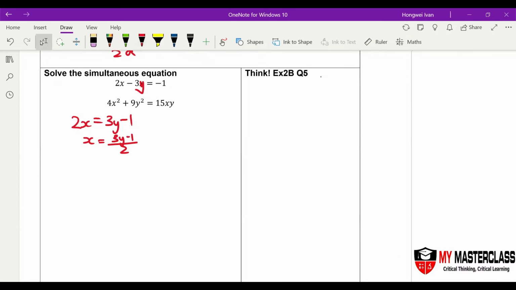Over here, write down, make x the subject. Label this as equation 1, and this as equation 2, because the first one is the useless one. Substitute 1 into 2.